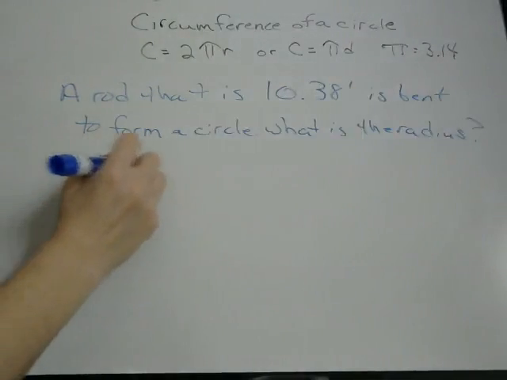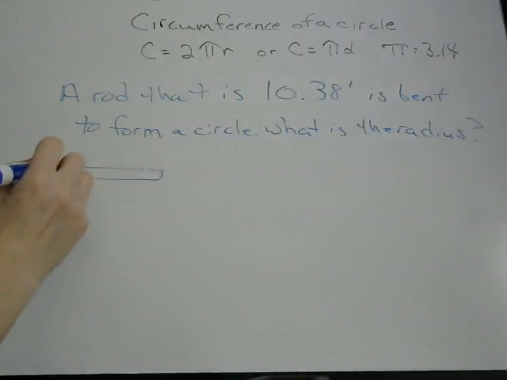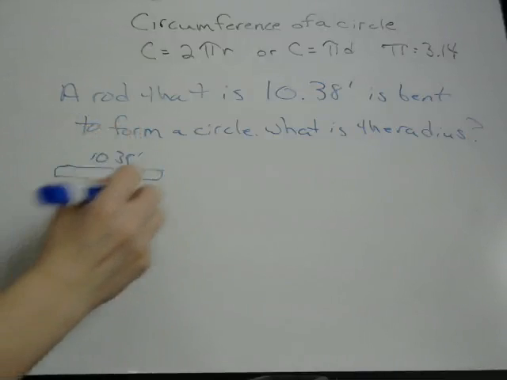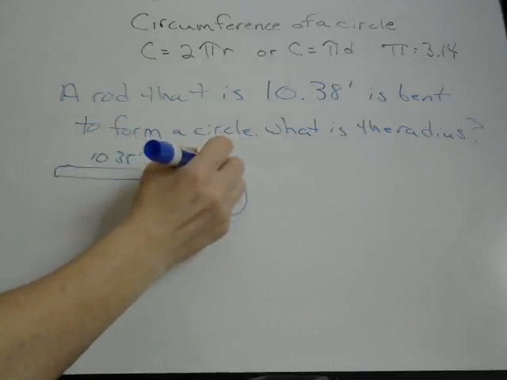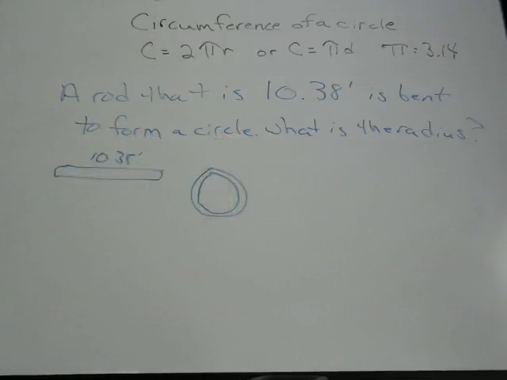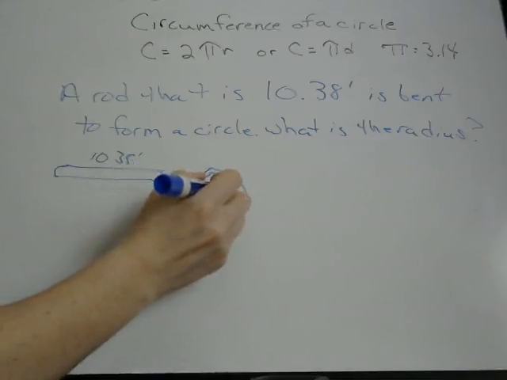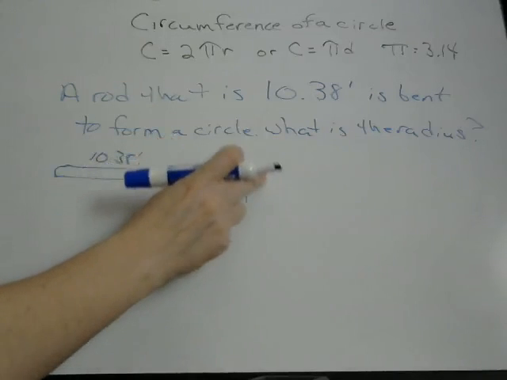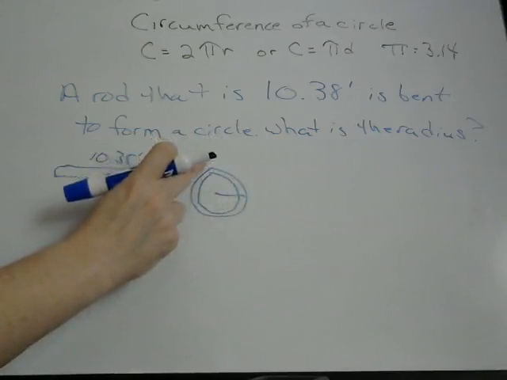So you have a rod that measures 10.38 feet. They're going to bend it so that it's now in the form of a circle. What's the radius of that circle? So here you need to recognize that the length around the circle is circumference.